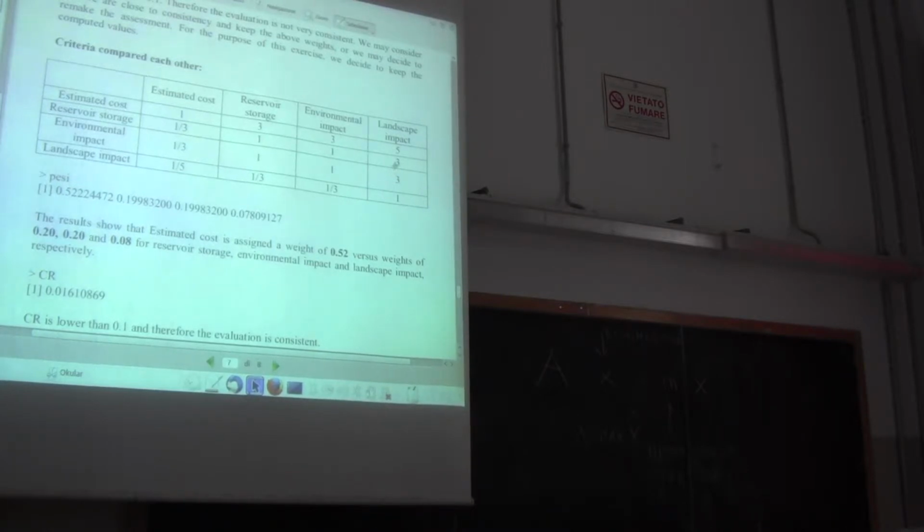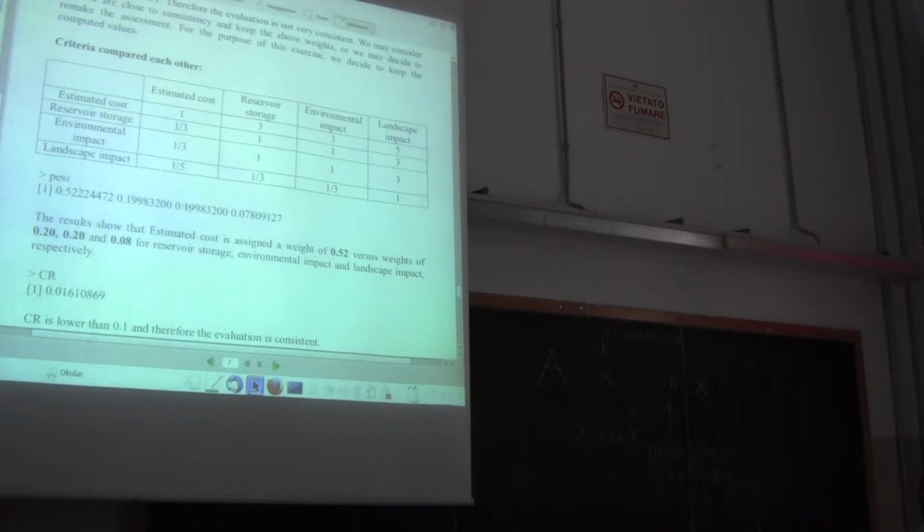It's the same value that I can find here, because reservoir storage and environmental impact have the same importance. And now I am done. It's 1/5, which is the inverse of 5 here, 1/3, which is the inverse of 3 here, 1/3 again, which is the inverse of this 3 here, and then 1 in the diagonal.